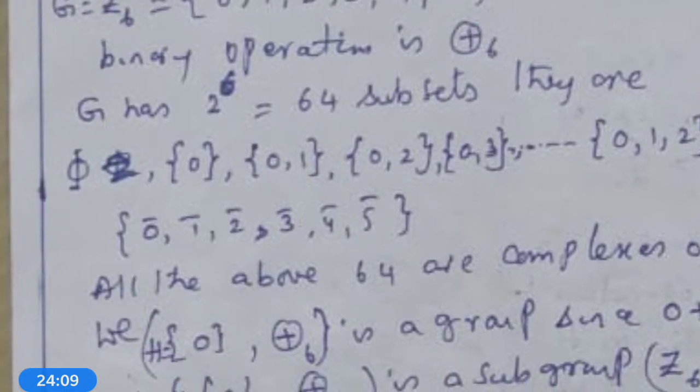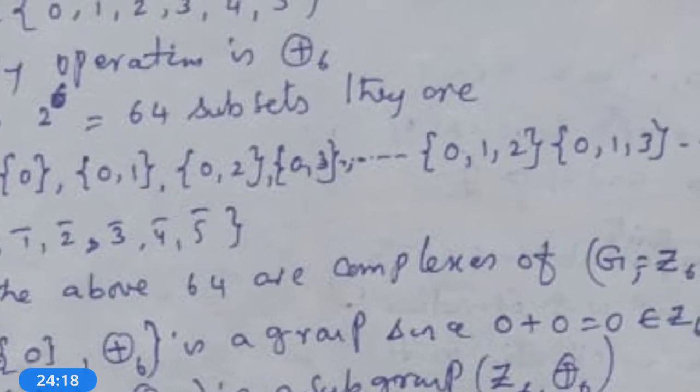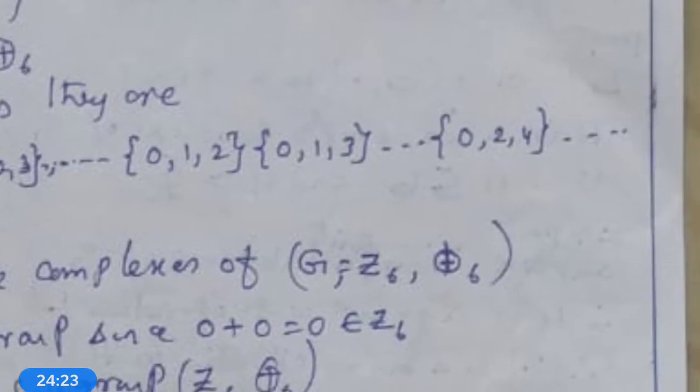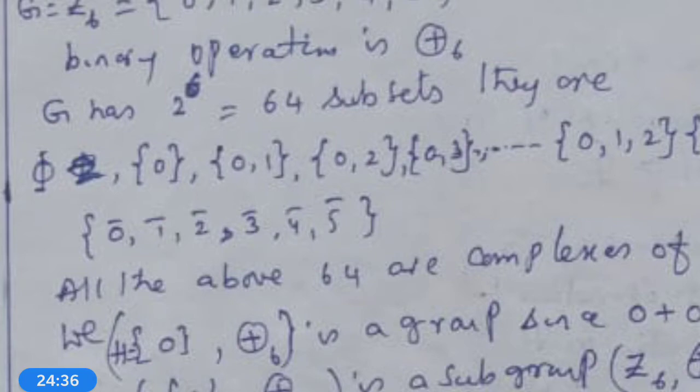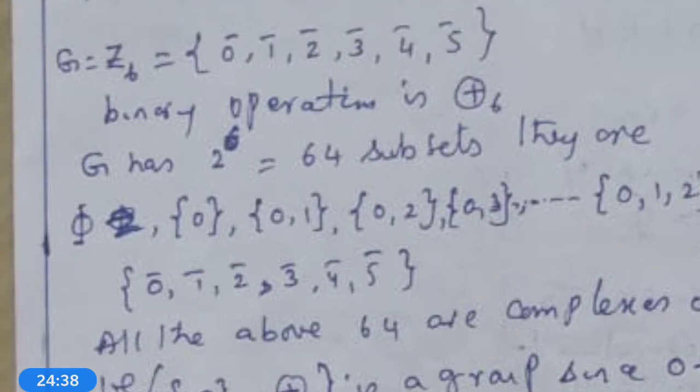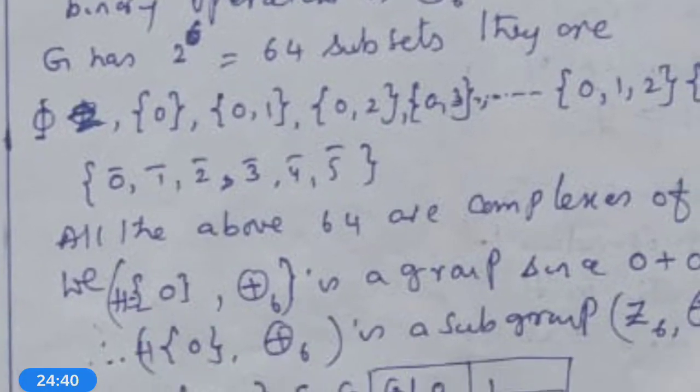They are the empty set, singleton sets, pair sets {0, 1}, {0, 2}, {0, 3}, etc., triplet sets {0, 1, 2}, {0, 1, 3}, {0, 2, 4}, etc., four-element sets, etc., and the 6-element set, that is G itself. Therefore, G has 64 subsets.